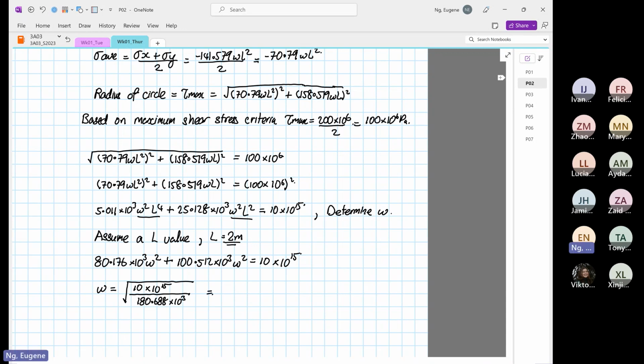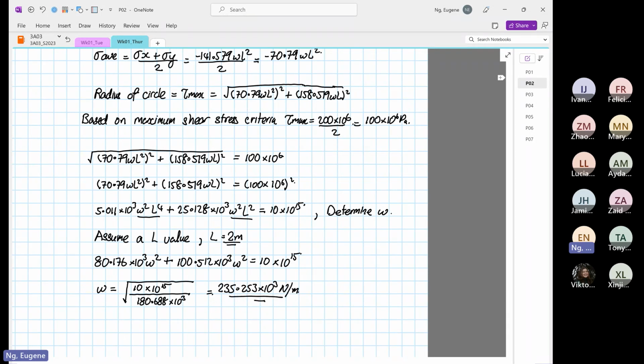So omega is the square root of 10 power 15 divided by 180.688 power 3, and it's going to be equal to 235.253 times 10 to the power 3 Newton per meter.